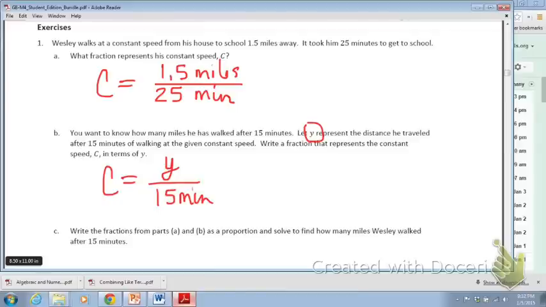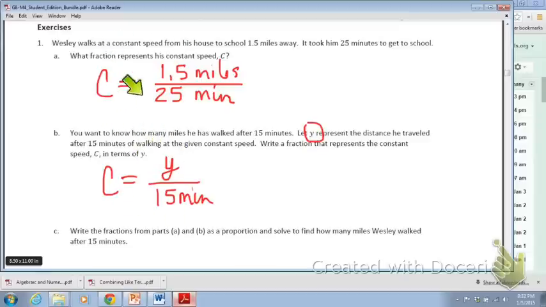Okay, so now part C says use the fractions from part A and B to write as a proportion to solve to find how many miles Wesley walked after 15 minutes. So we've got these two fractions here and here.